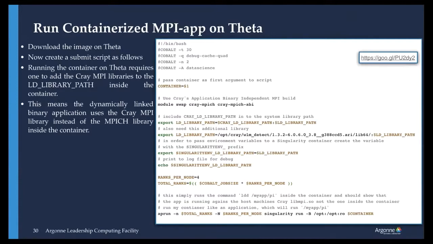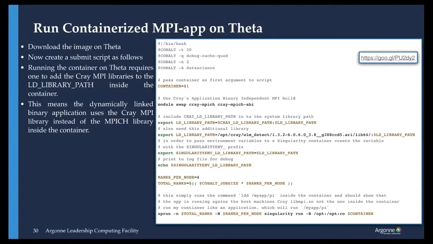Again, these will be in the GitHub that I'm using for this example, so you can find the code there, which is what this link is pointing you at. So at the top, these are the Cobalt submission command line variables. We're running for 30 minutes on a debug queue with 2 nodes in the data science project, which you guys would need your own project to run there.